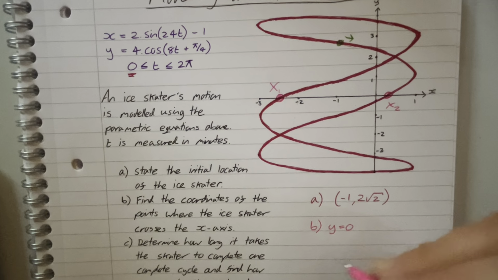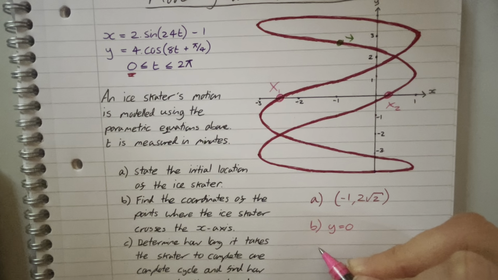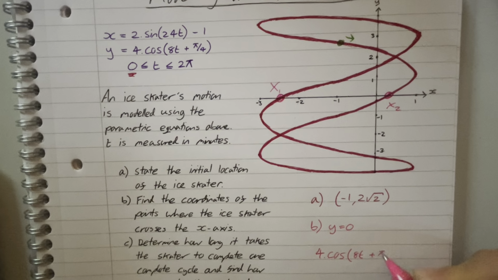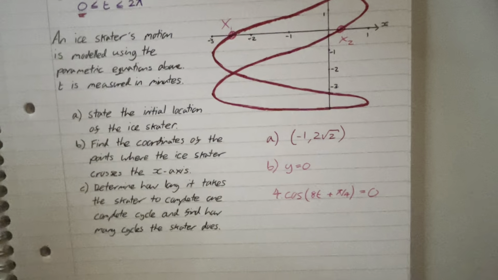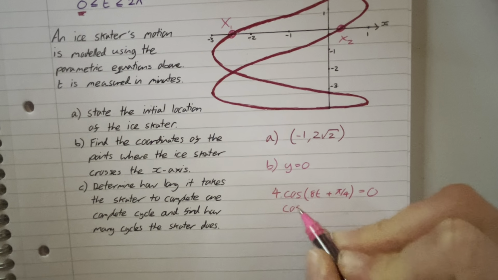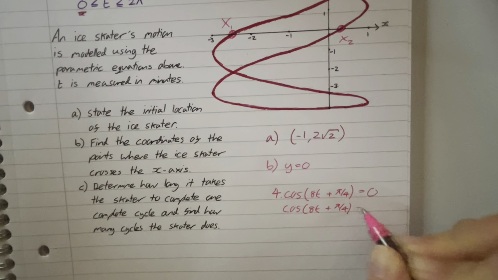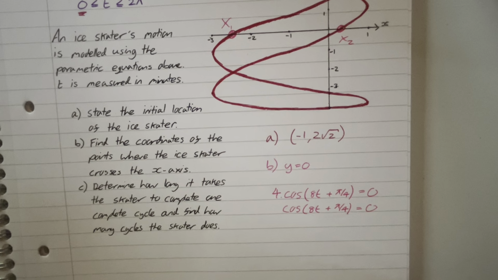Okay. So we are solving the equation 4 times the cosine of 8t plus pi on 4 is 0. Obviously the 4 is never 0, so the cosine of 8t plus pi on 4 is 0.